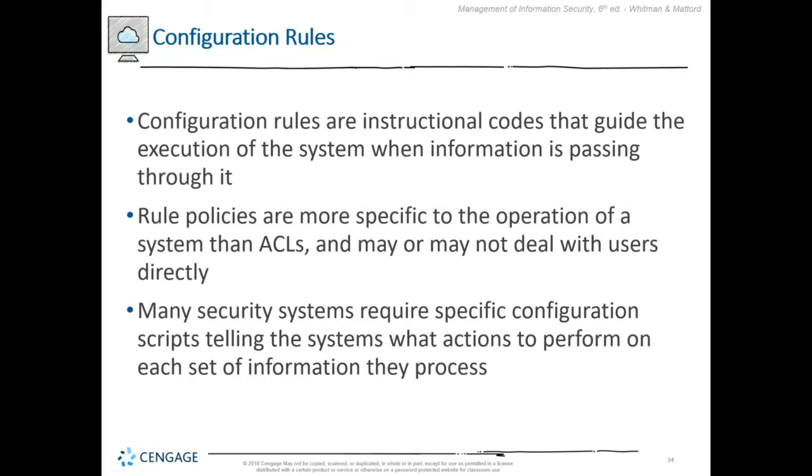Rule policies are more specific to the operation of the systems than ACLs, and they may not deal with the users directly. Some security systems require specific configuration scripts that will tell the system what actions to perform on each set of information they process.